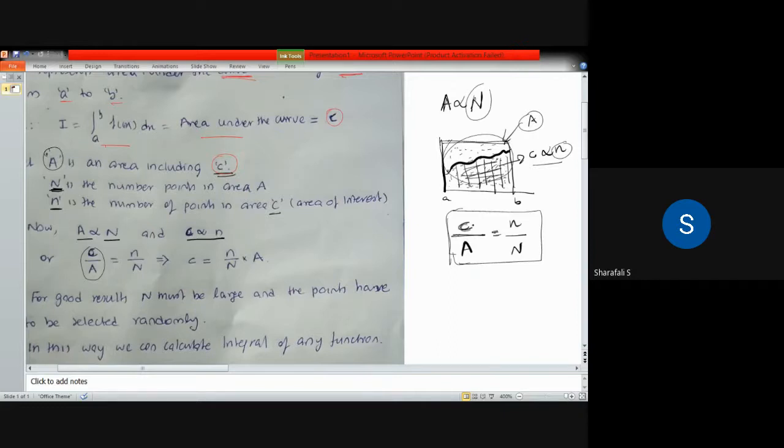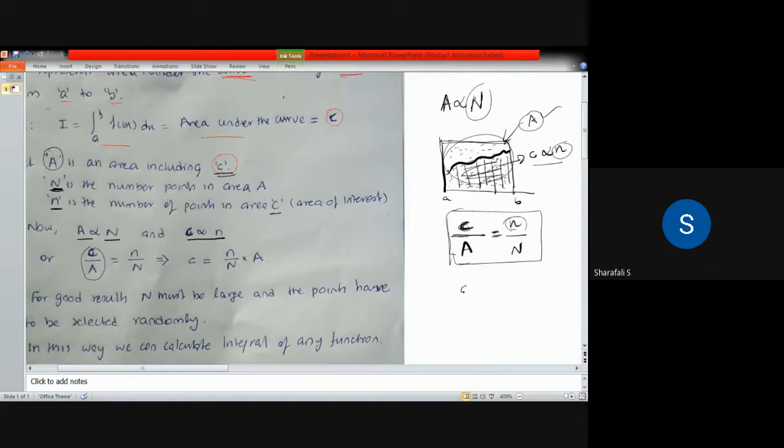When you divide the area under the curve by the total area, that will be equal to the number of points under the curve divided by the total number of points in area capital A. So these two will be equal, and this is the principle.